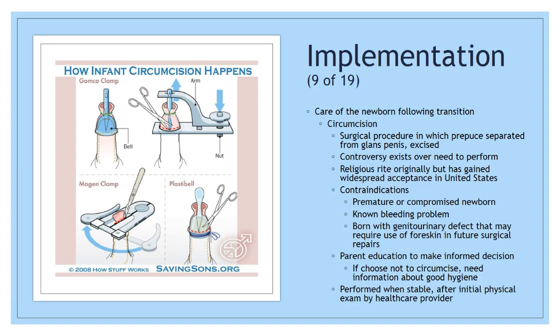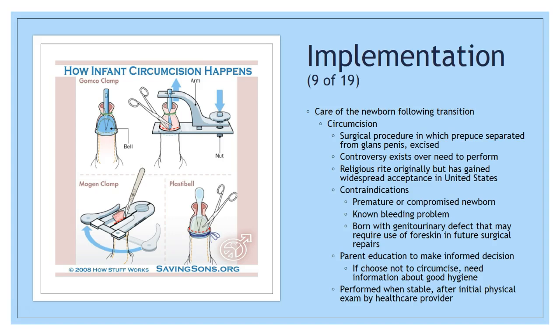So if the provider has also clamped onto the glands of the penis, they could accidentally excise the top of the penis off as well. So that one's a little more risky to use.